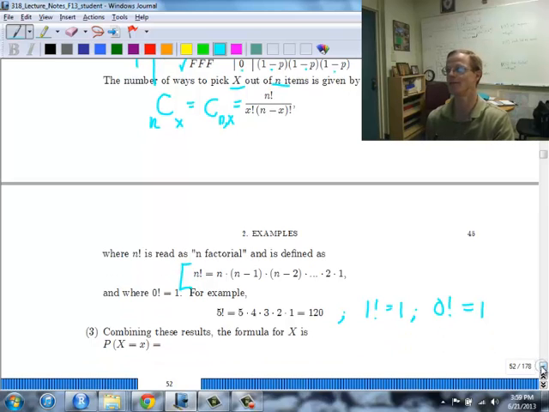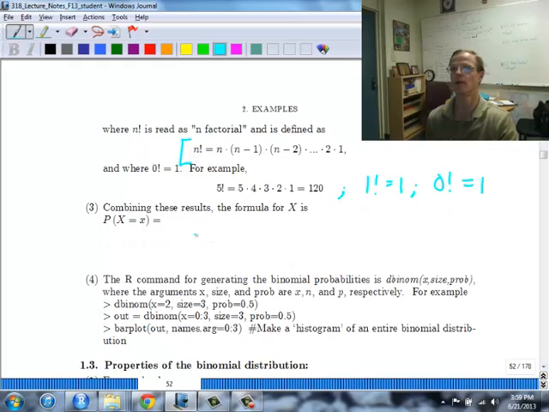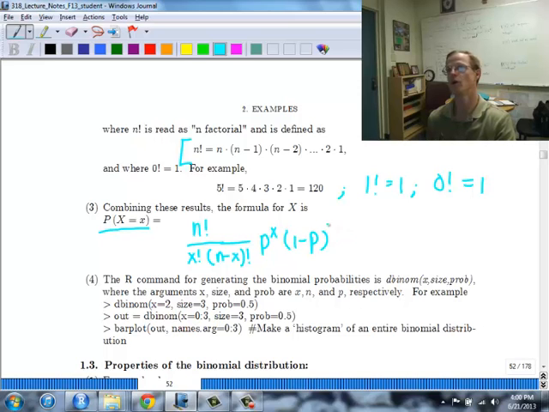And so when we combine everything together, our result is that the probability that x is some particular value is n factorial over x factorial times n minus x factorial, times p to the x, times 1 minus p raised to the n minus x.